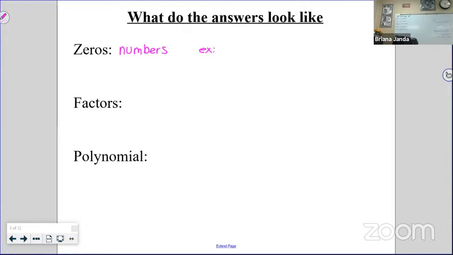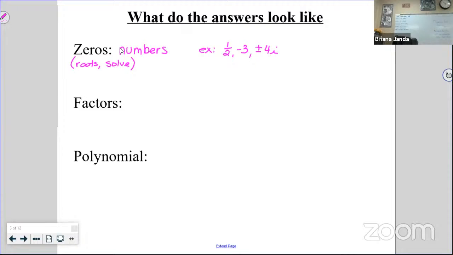For example, like 1/2, -3, and maybe plus or minus 4i. Those would all be examples of zeros. Zeros can be asked of us also as roots, or to solve or find the solutions of. Those are all asking us the same question, and all our answers would look similar, a list of numbers.